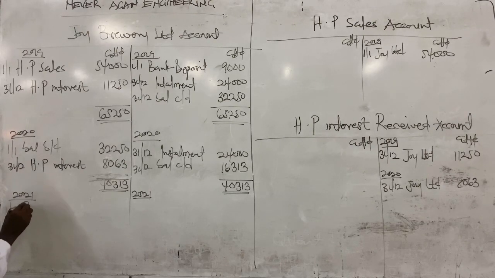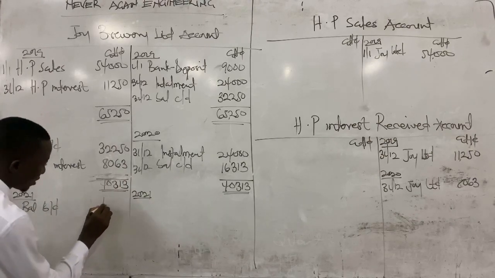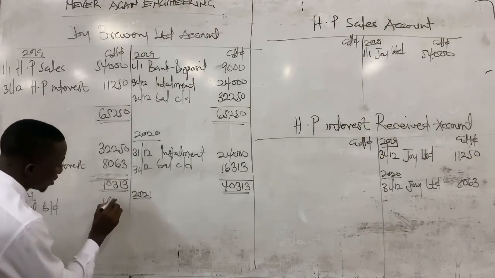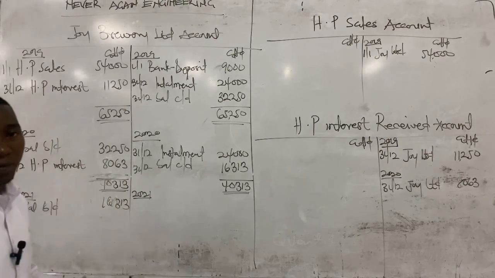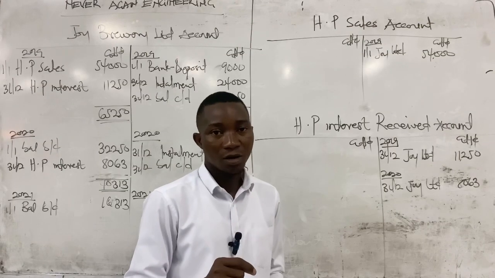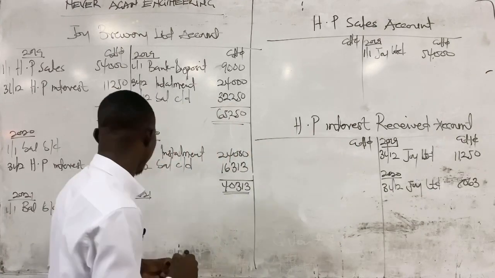So for the year 2021, this balance carried down becomes the balance brought down on 1st January, an amount of 16,313. Okay, and from the question we can realize that there was a final installment being made at the end of the year of an amount of 20,391.